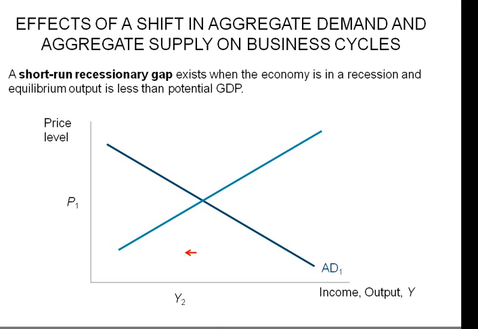This is our aggregate demand curve, this is the short run aggregate supply curve, and this is actually the long run aggregate supply curve. So this is our aggregate output level. This point is the equilibrium point, at price level P1 and output Y1, that is the equilibrium level.